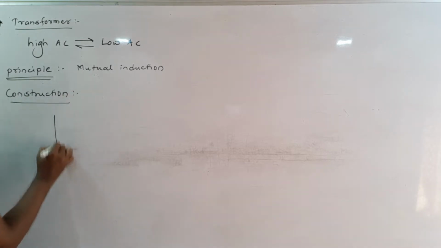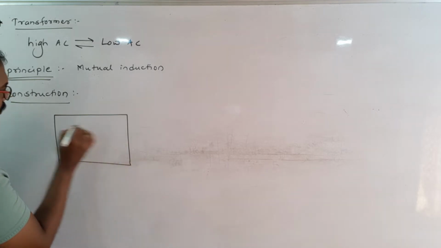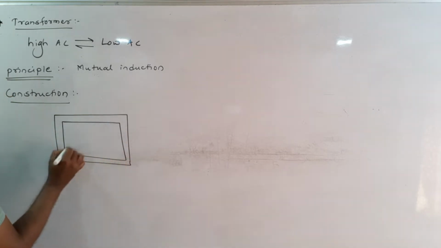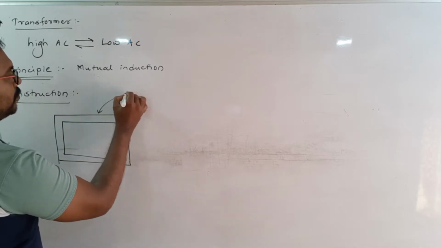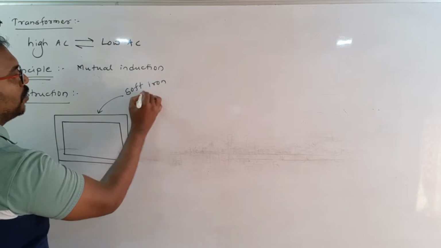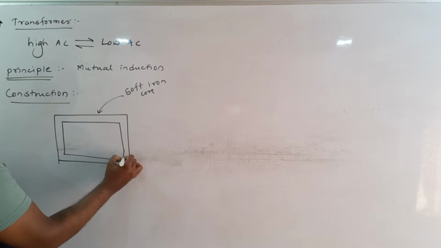Basically, a transformer consists of a rectangular soft iron core. You can see this is the rectangular soft iron core, so I can name it soft iron core, placed one above another, insulated from each other.